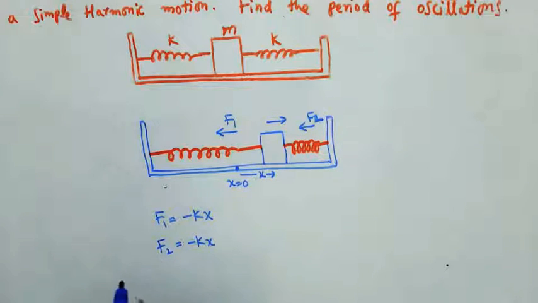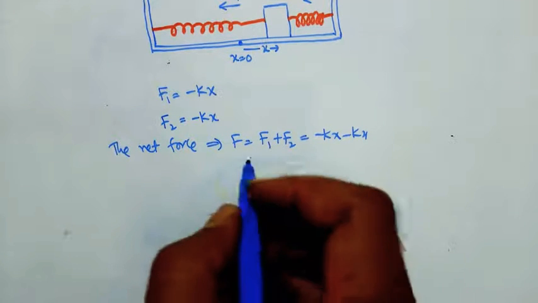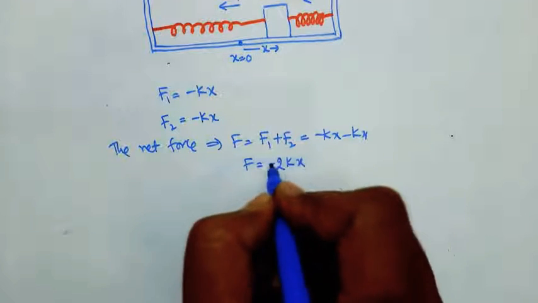So the net force F is equal to F1 plus F2, that is minus Kx minus Kx. Here F is equal to minus 2Kx.